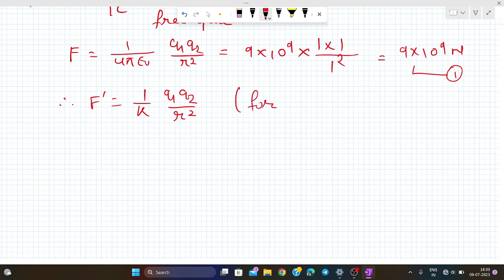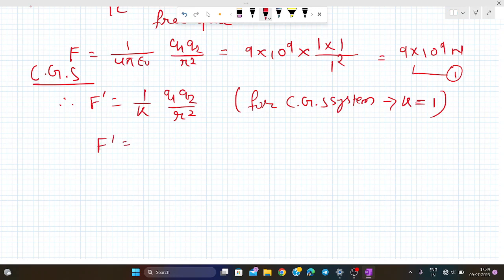For the CGS system in free space, we have the value of K equal to 1, isn't it? So F dash will be Q1 Q2 divided by R square.